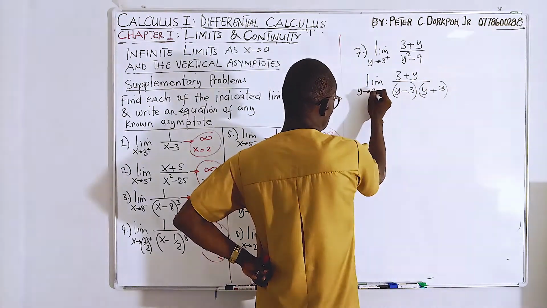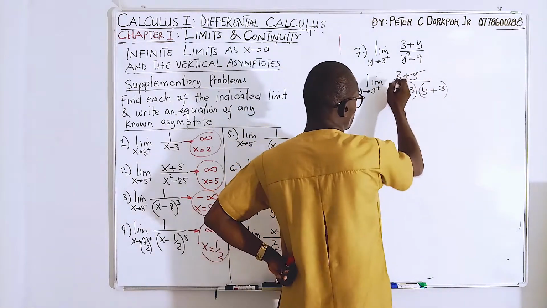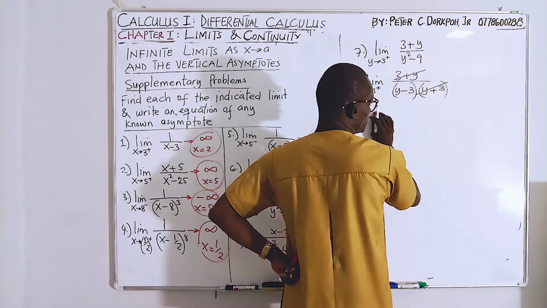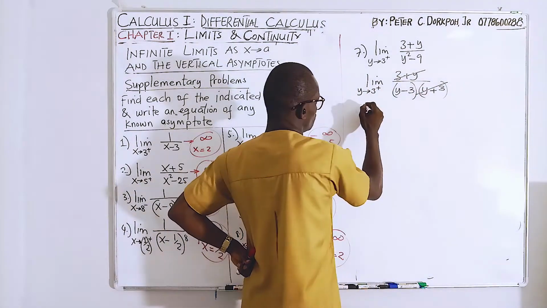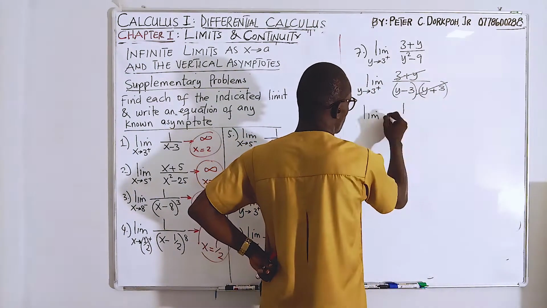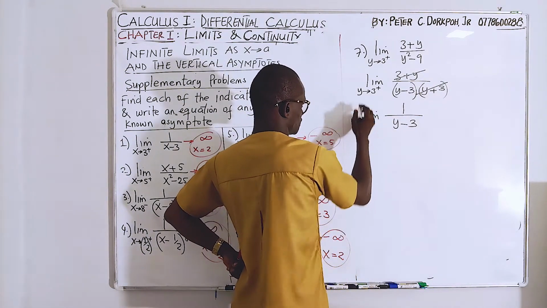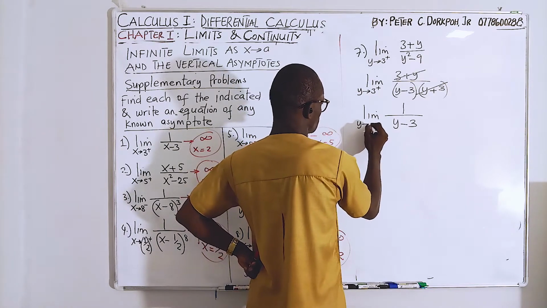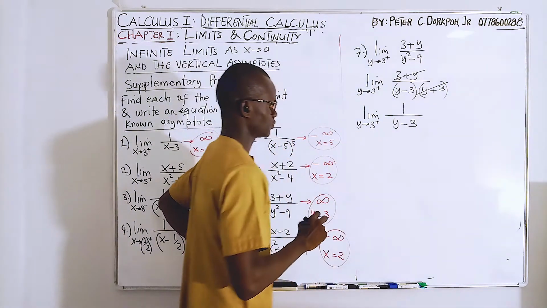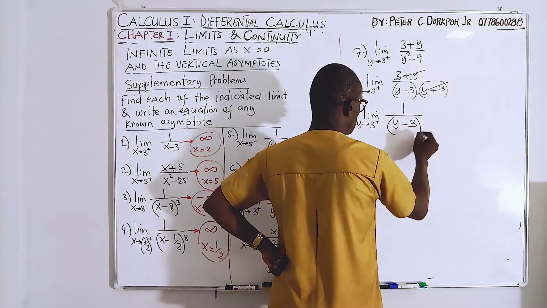As y approaches 3 from the right. So 3 plus y is the same as y plus 3. So now we will have 1 all over (y minus 3) as y approaches 3 from the right. So the power here now is just 1.